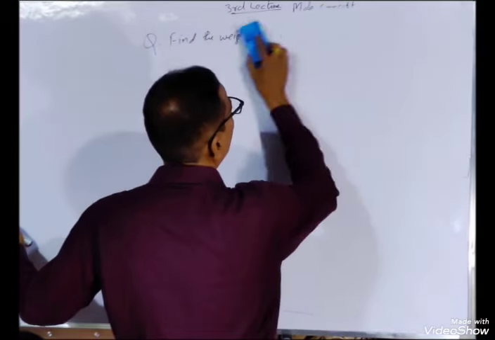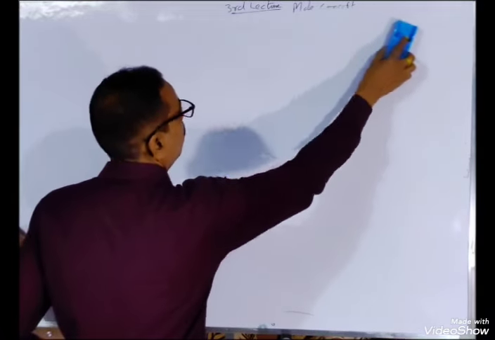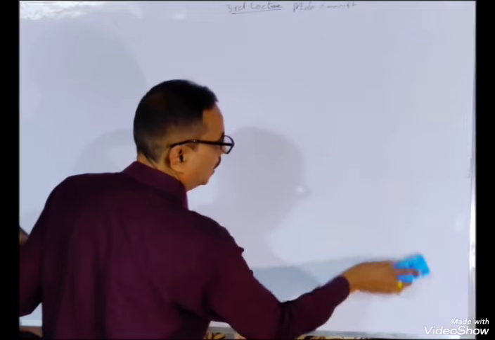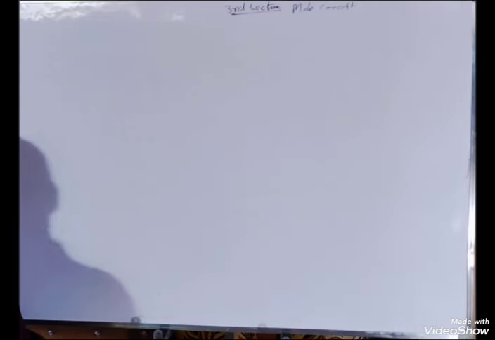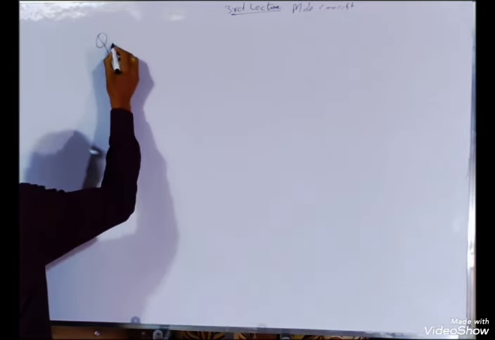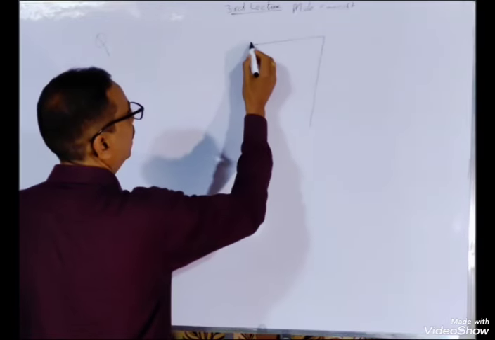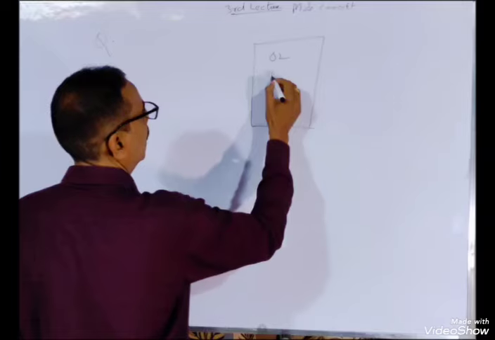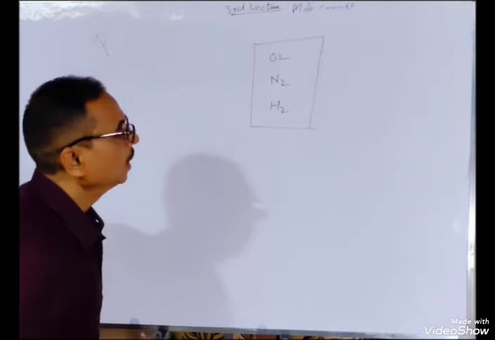Next, suppose we have to find out the mole fraction of a particular gas in a mixture of gases. Next question. Suppose this is a closed vessel containing oxygen, nitrogen, hydrogen gases.